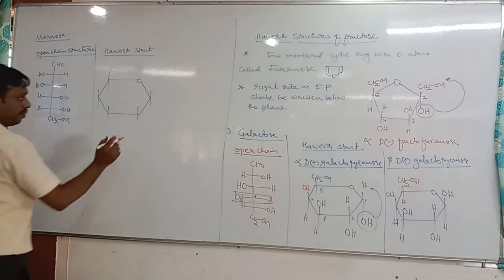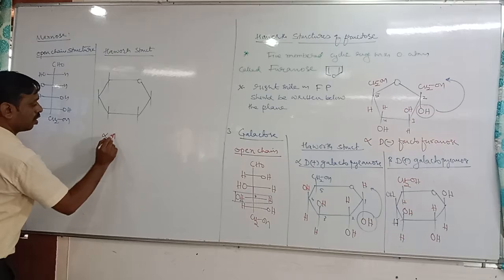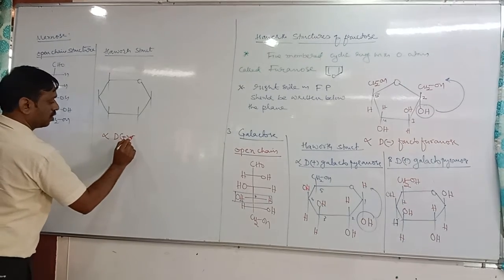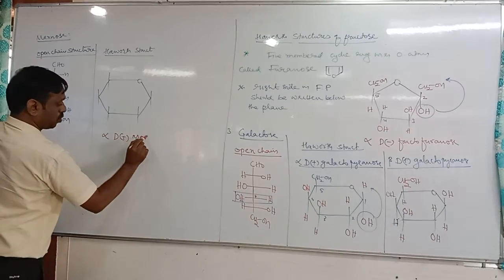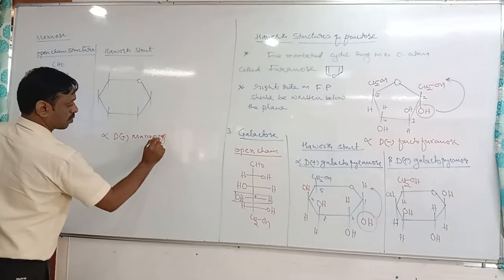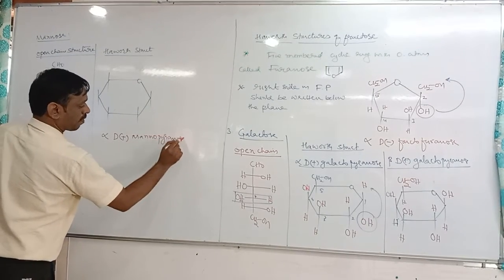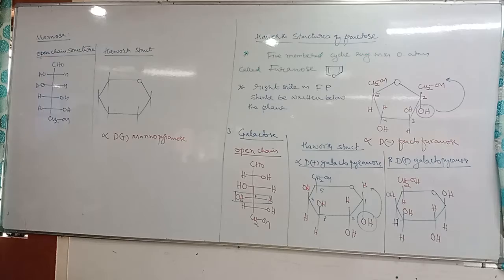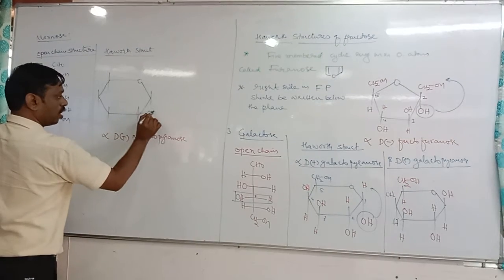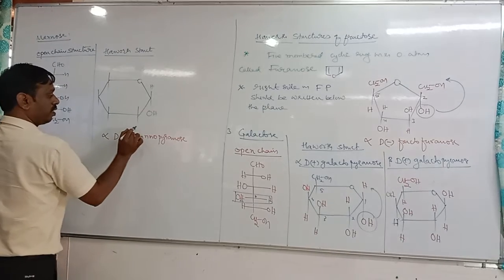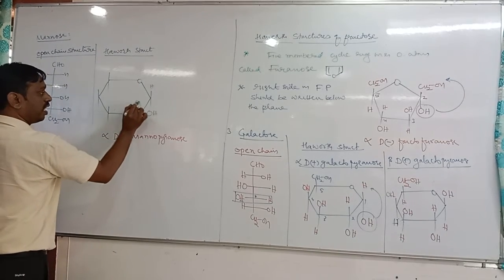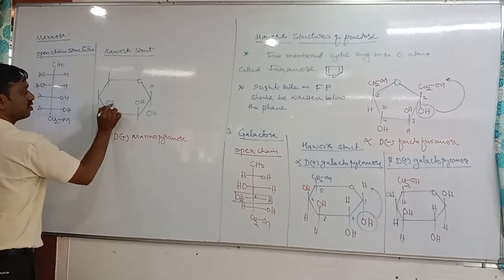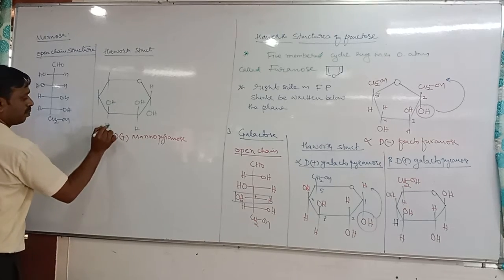Right? Tell me, I want to draw alpha D plus mannopyranose. In alpha D plus mannopyranose, all the OH groups are below the plane, but the second and third are above the plane, right?